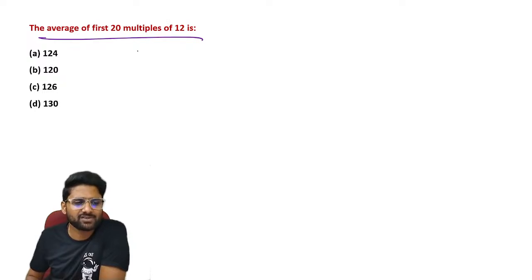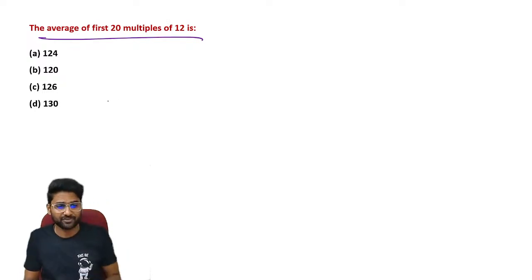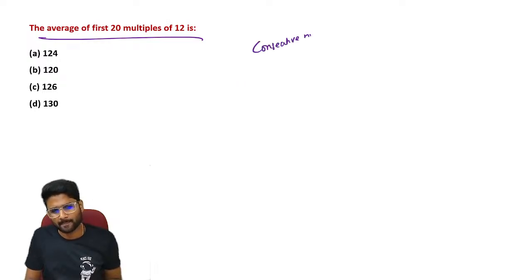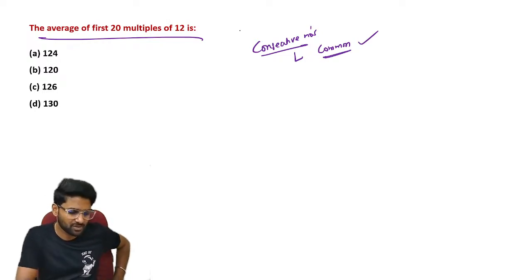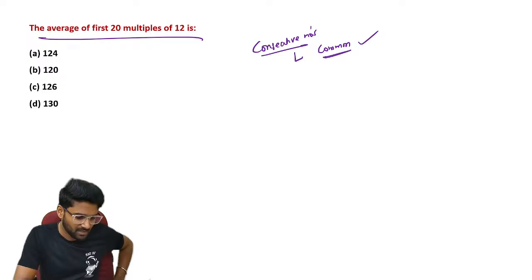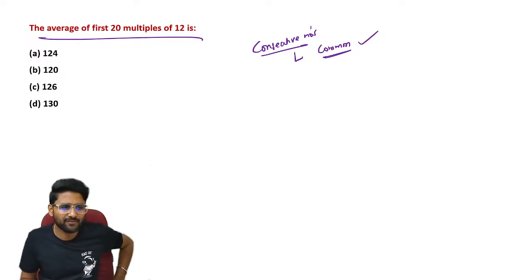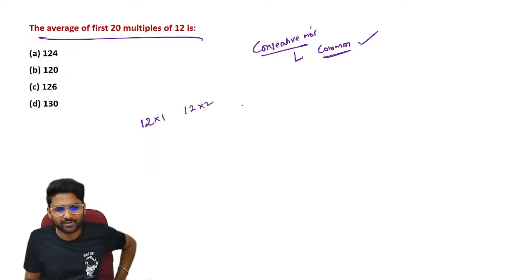What is the average of the first 20 multiples of 12? Guys, it's all about consecutive numbers. Consecutive numbers means the difference between number to number is common. Here, the average of the first 20 multiples of 12: 12 into 1, 12 into 2, the same way, the last value is 12 into 20.